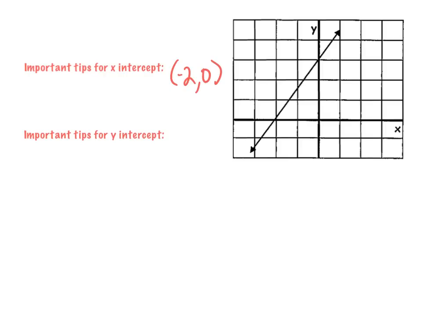What are some tips that we talked about earlier that's up there on the board that I can write down when it comes to the x-intercept and the 0? What are some things that would be helpful for me to remember?